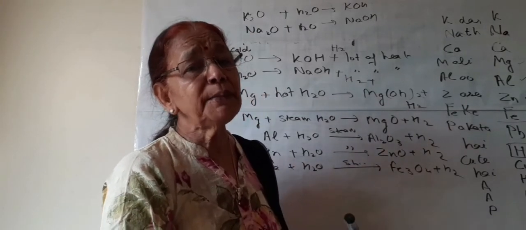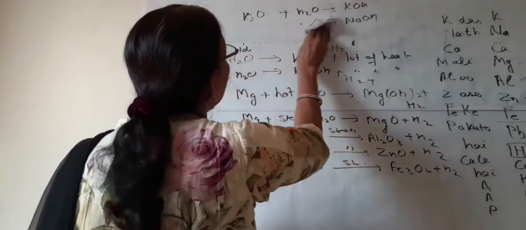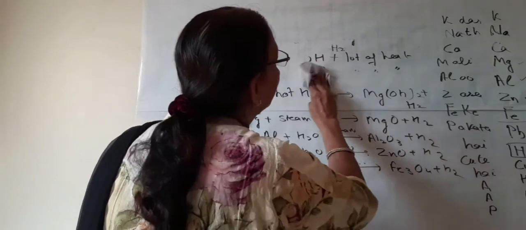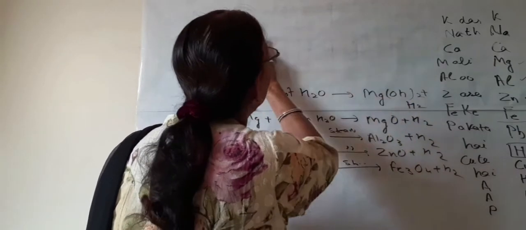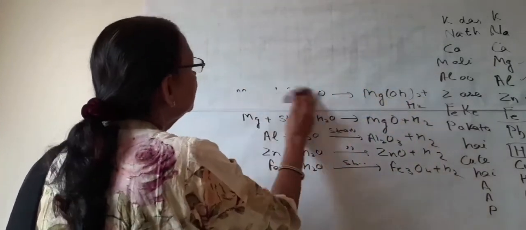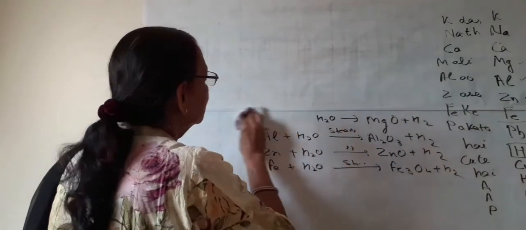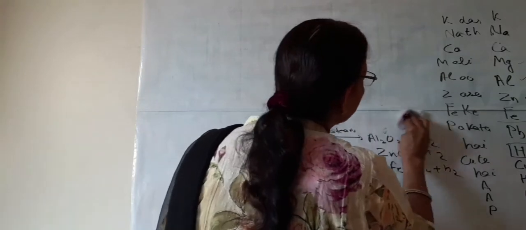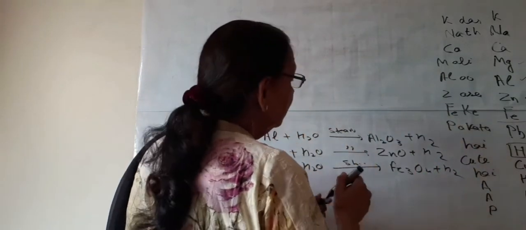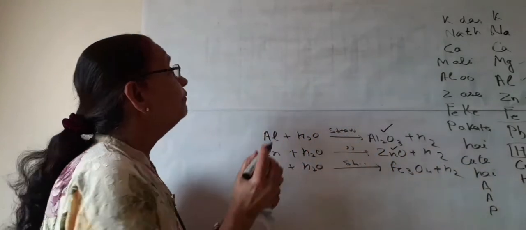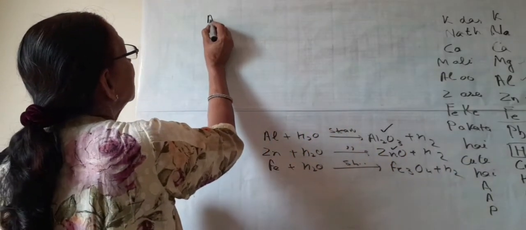So a special name is given to them and they are known as amphoteric oxides. Ampho means dual, two. So these are known as amphoteric oxides. So I will write the equations for these, for Al2O3 and ZnO, the amphoteric oxides.